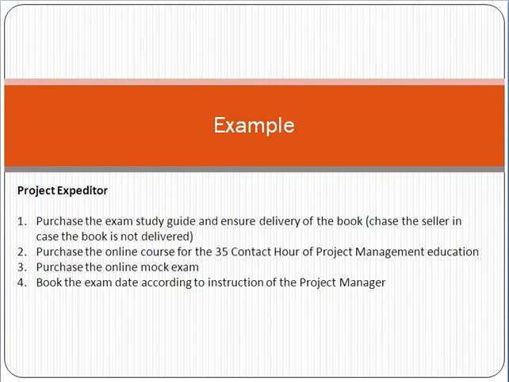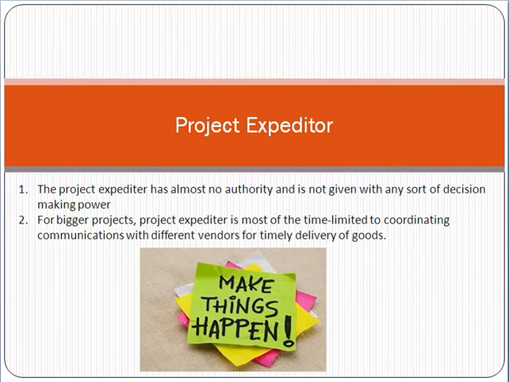So here the role of a project expediter is very important because he is arranging the resources. Lots of resources are there, and he has to make sure that the goods and the staff are there, whatever is required, it should be there. So the project expediter has almost no authority and is not given any decision-making power.